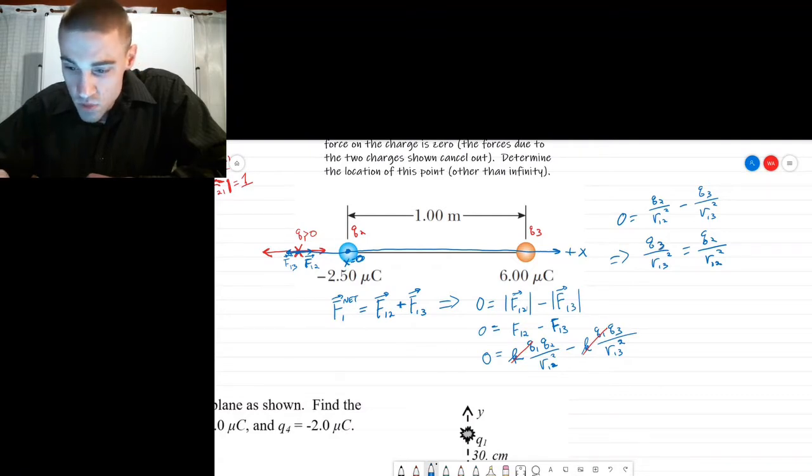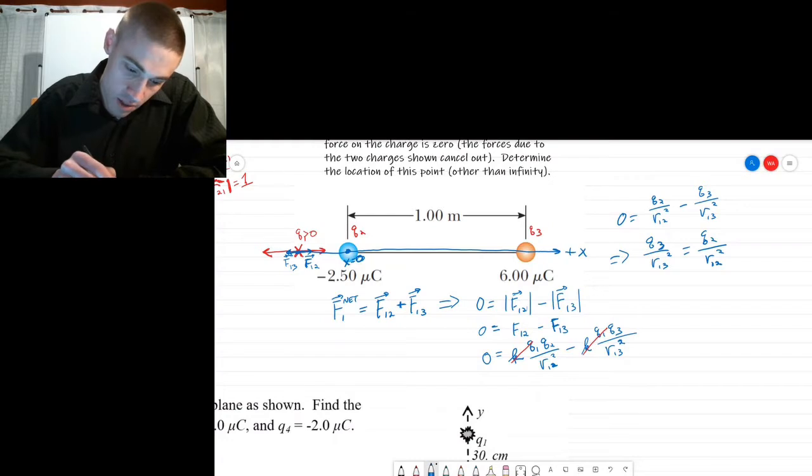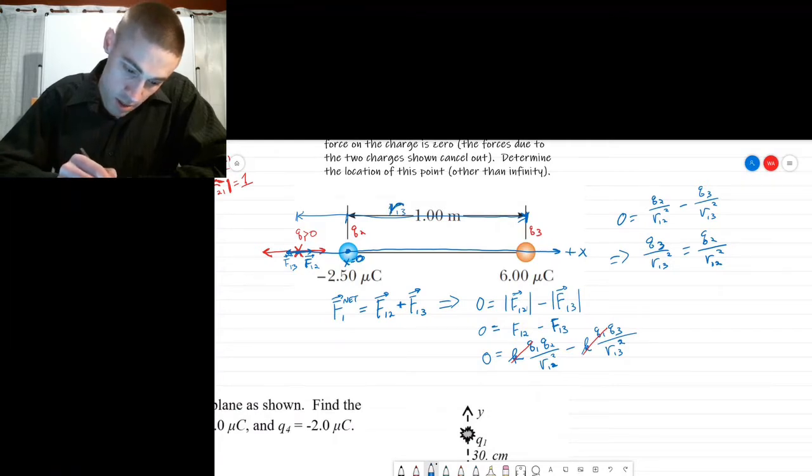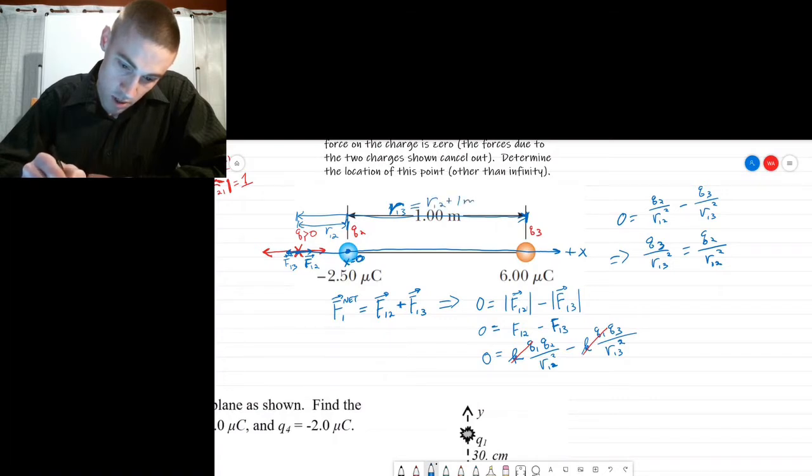So R13 is the distance between this guy and the far charge, right? That's R13. And this distance here is R12, between Q1 and Q2. So you note that R13 is just equal to R12 plus 1 meter.